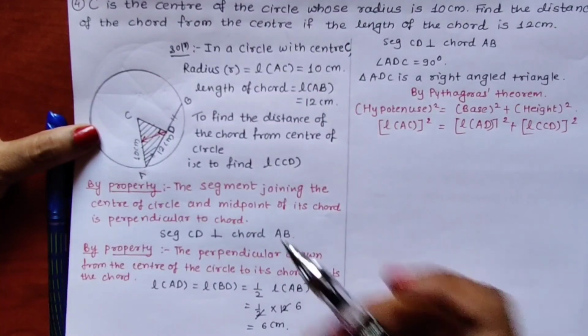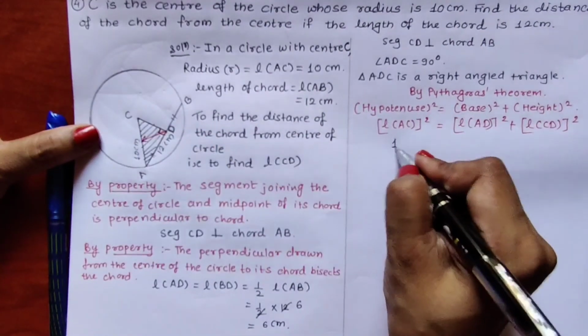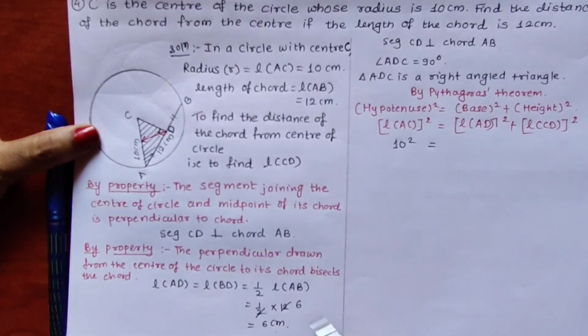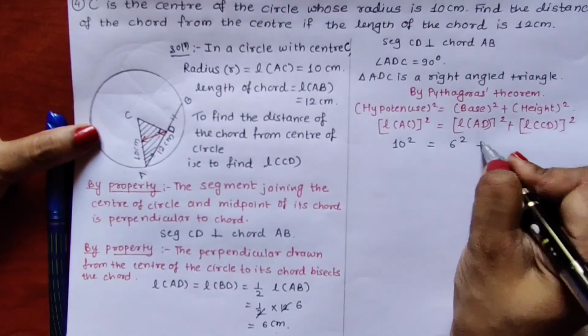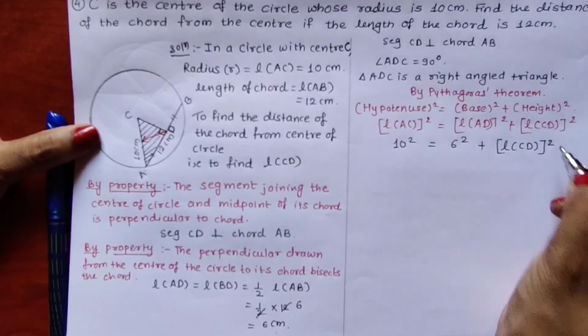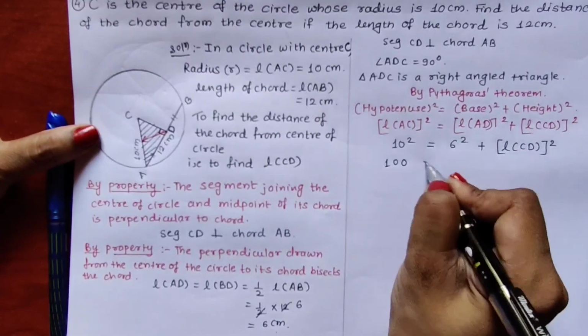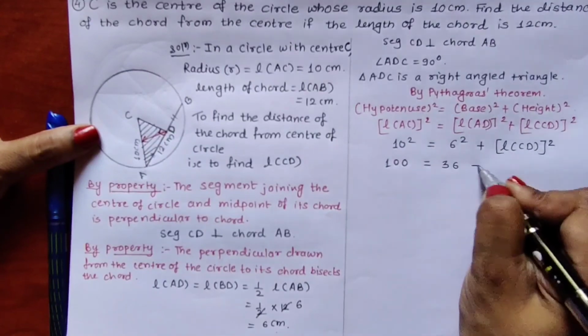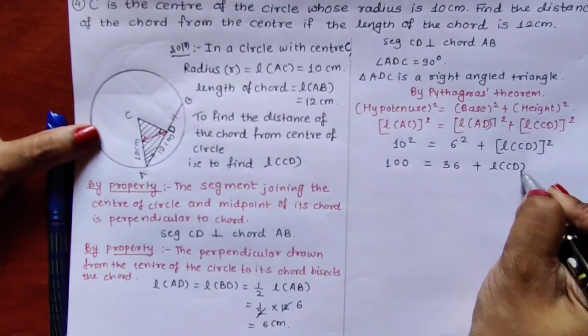Now we will put the values. AC is 10 centimeter, so 10 square. AD is 6 centimeter, so 6 square, plus length CD square. 10 square is 100, 6 square is 36, plus length CD square.